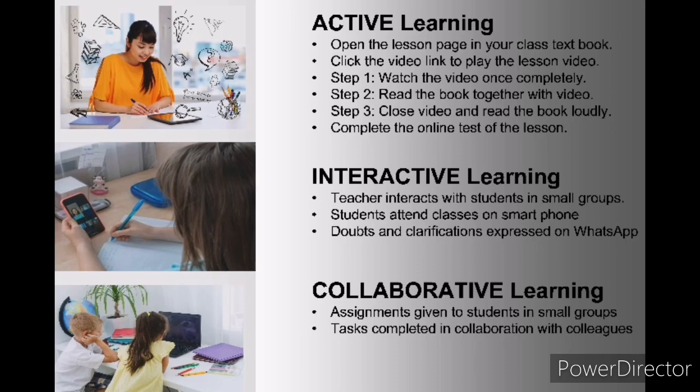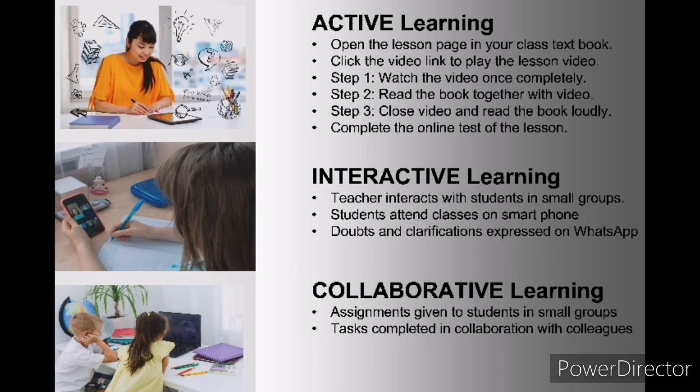In step number 1, you watch the video completely one time. In step number 2, you read the book as you listen to the video. In step number 3, you close the video and read the book loudly.